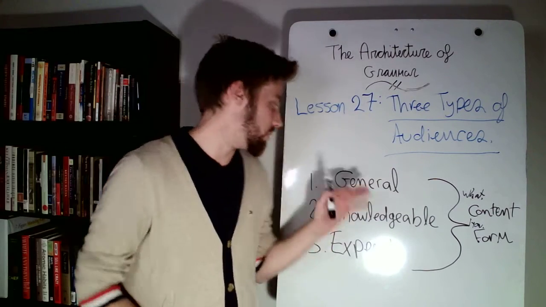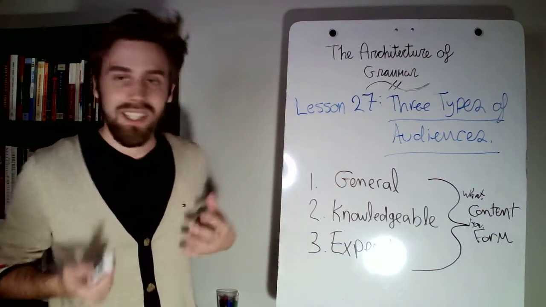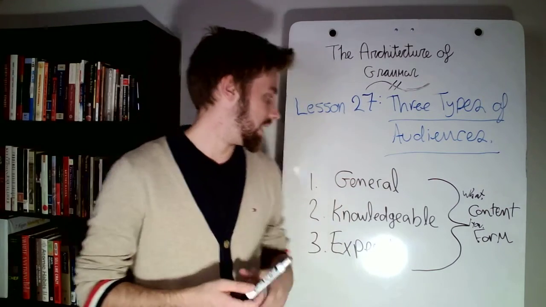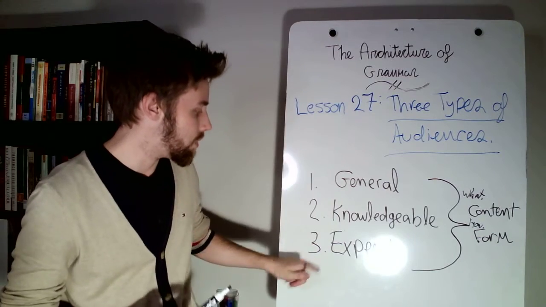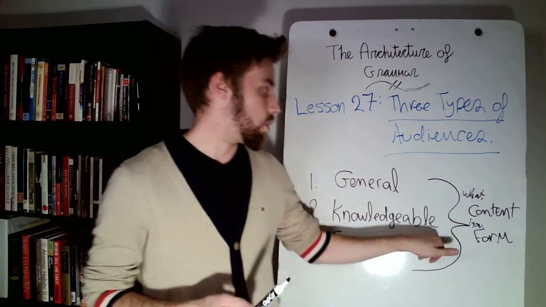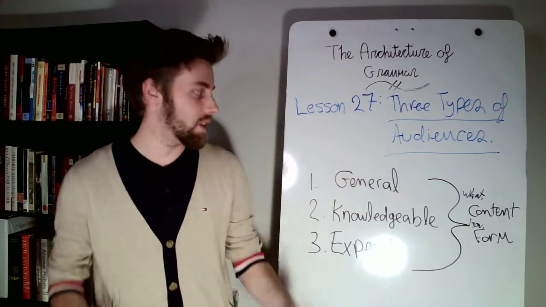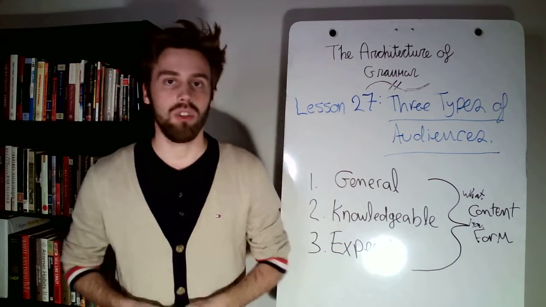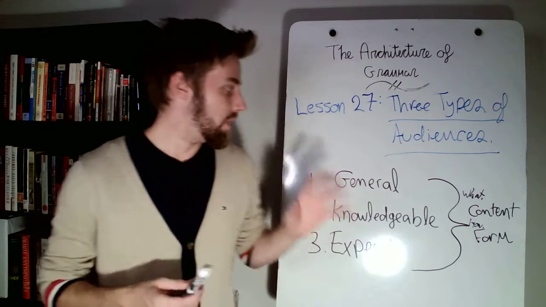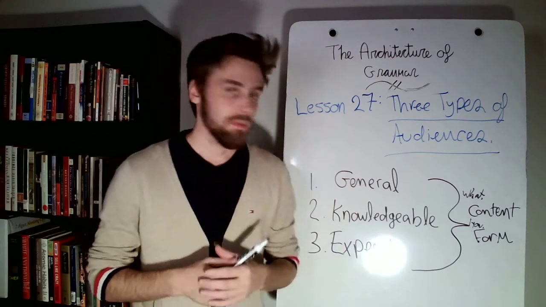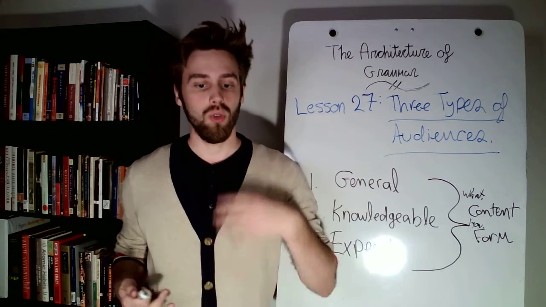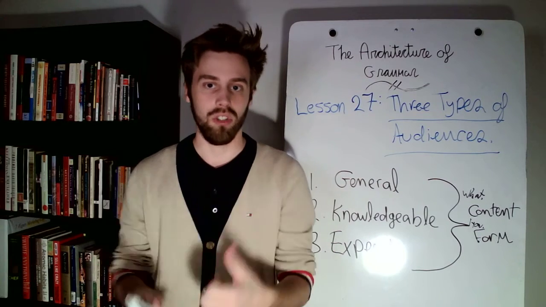Now, when it comes to the knowledgeable audience, it is a mix between general and expert. It is especially important to lay out the right assumptions about the content. What should the readers know? But when it comes to the form, you really just want to make sure that you're understood by the people you want to talk to.